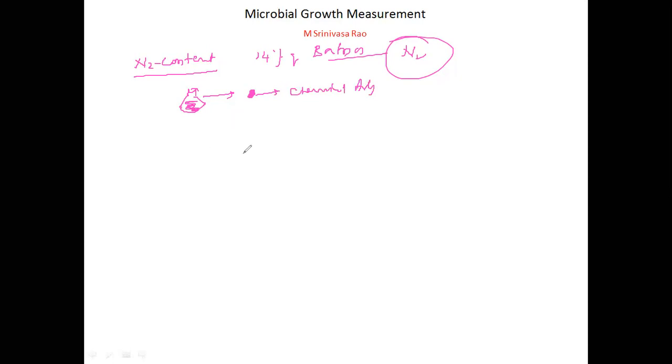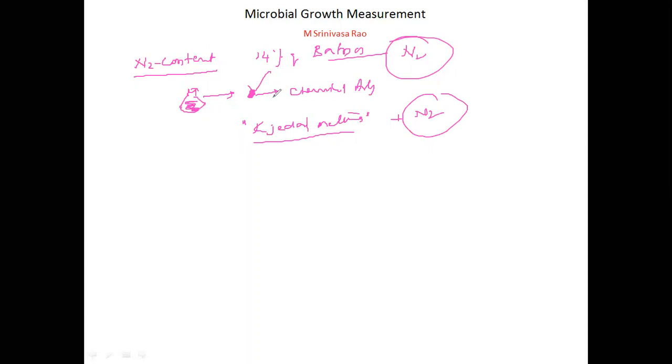Chemical analysis by employing the Kjeldahl method, where we will get the nitrogen content present in this particular volume of microbial cell pellets.